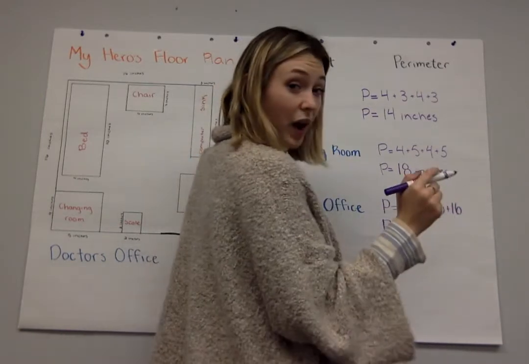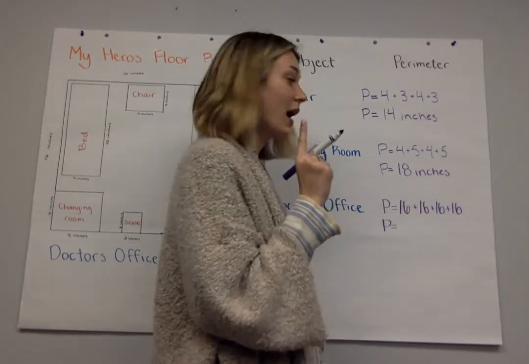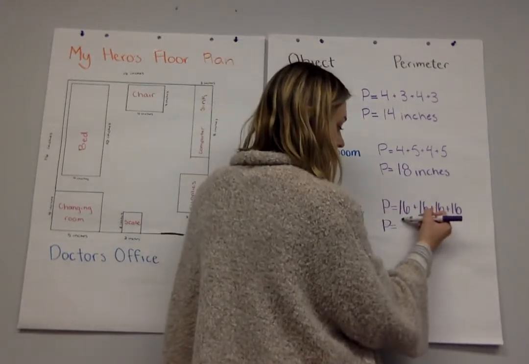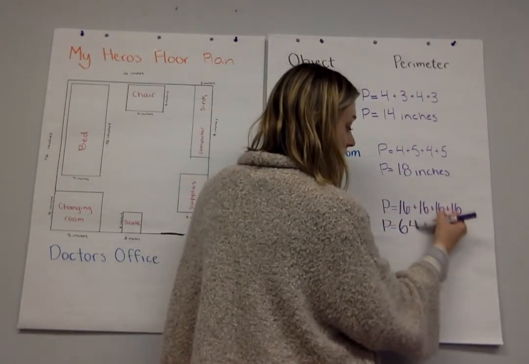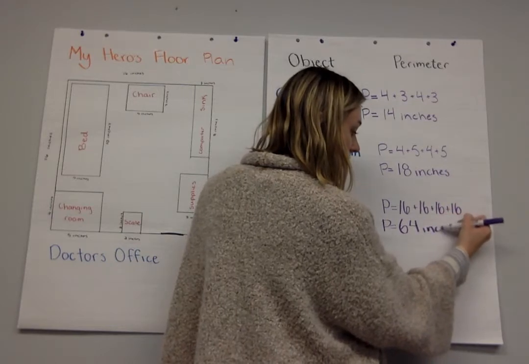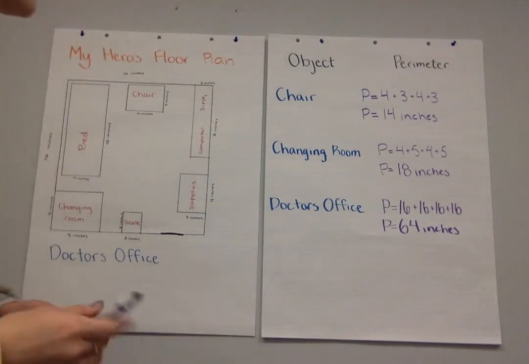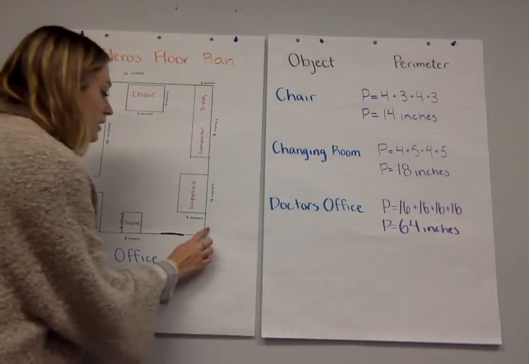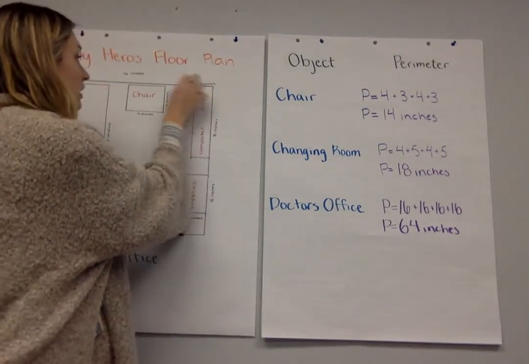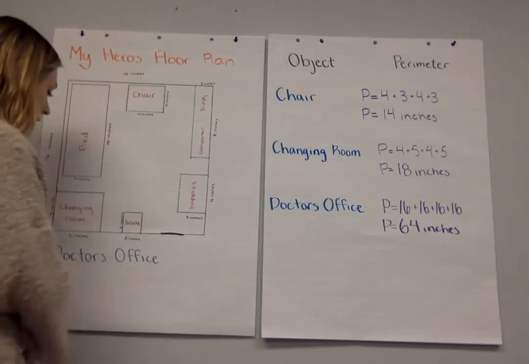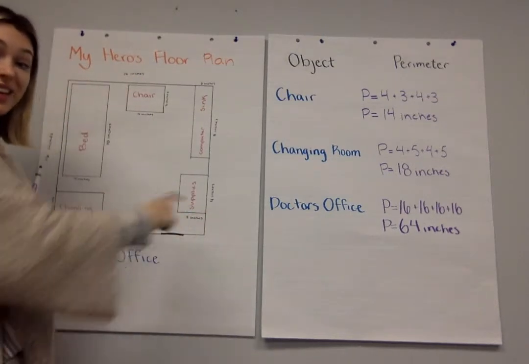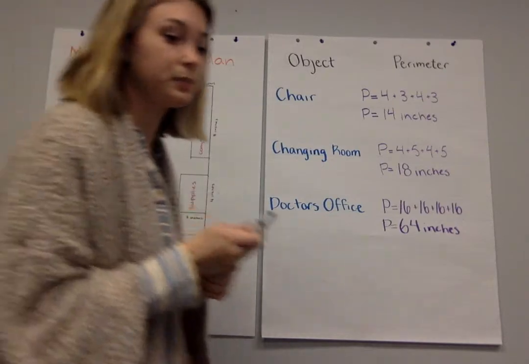If I have 4 copies of 16, what's a quick trick that I could do? I could do 16 times 4 to make my life a little easier. 64 inches. So that means there should be 64 inches all the way around. You could count each inch and you should have 64 of them.